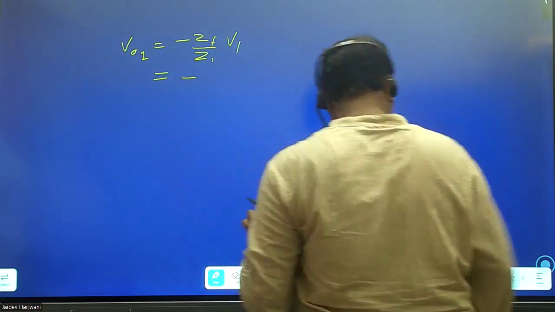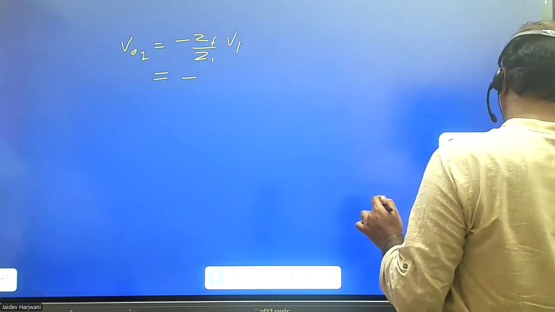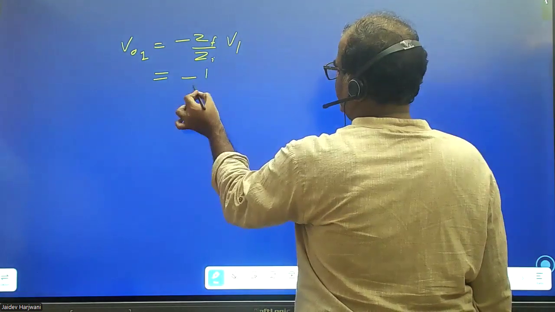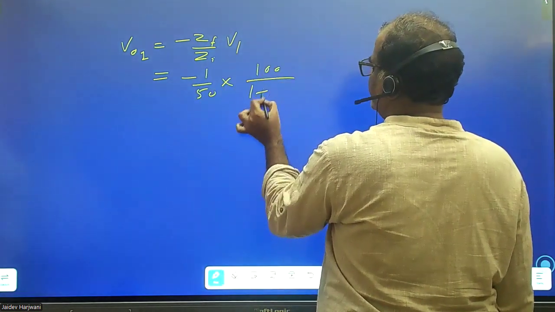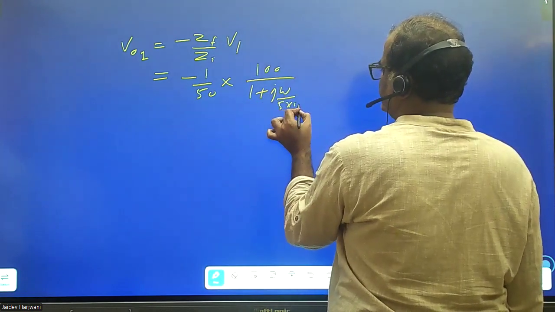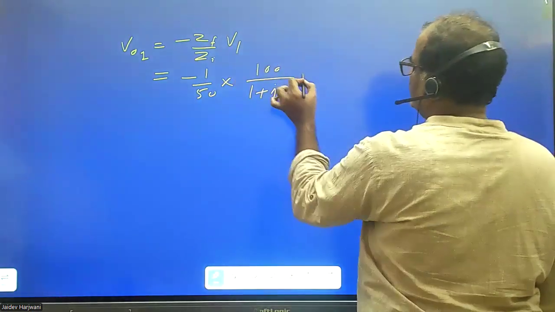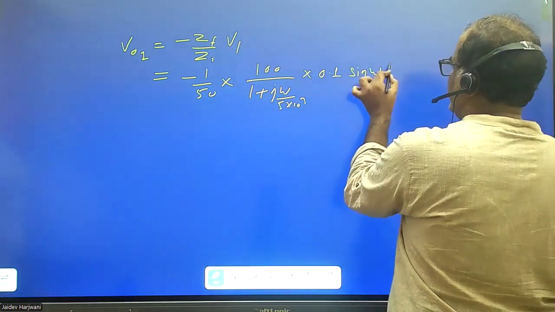Just now I have written the value of ZF: 100 upon 1 plus J omega upon 5 into 10 raised to power 3. ZI is 50, and V1 is 0.1 sine omega t.